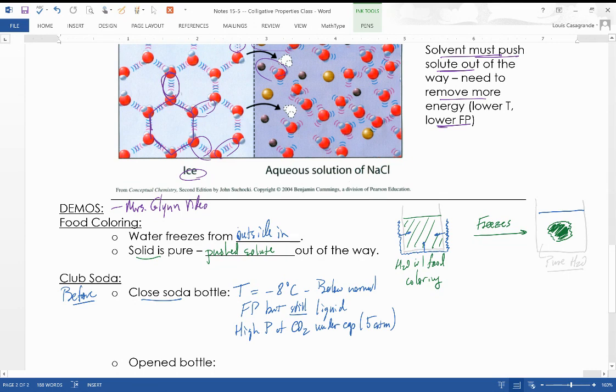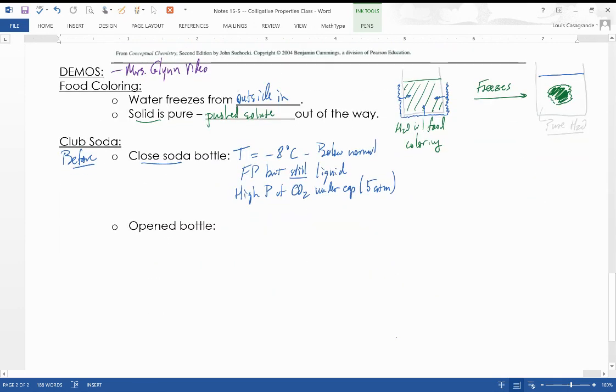A high pressure of CO2 means a high concentration. Remember Henry's law, high concentration of CO2, and that leads to a freezing point depression and a low freezing point.